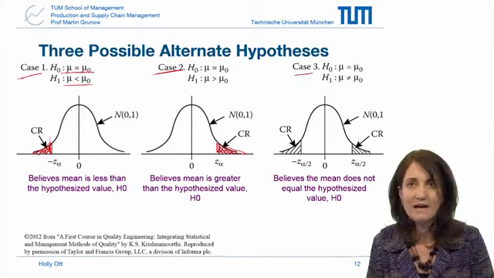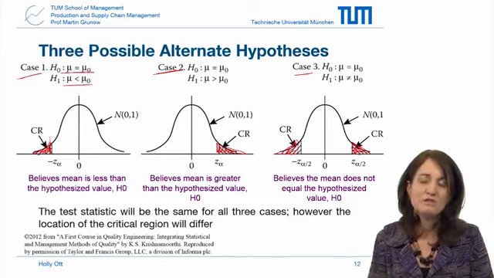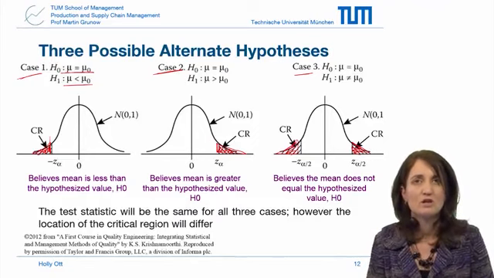So we believe simply that the mean does not equal the hypothesized value of H0. And so here we have to look on both sides of the 0 value. And in each of these cases, the test statistic will be the same, but the location of the critical regions, as you can see here, will be different.